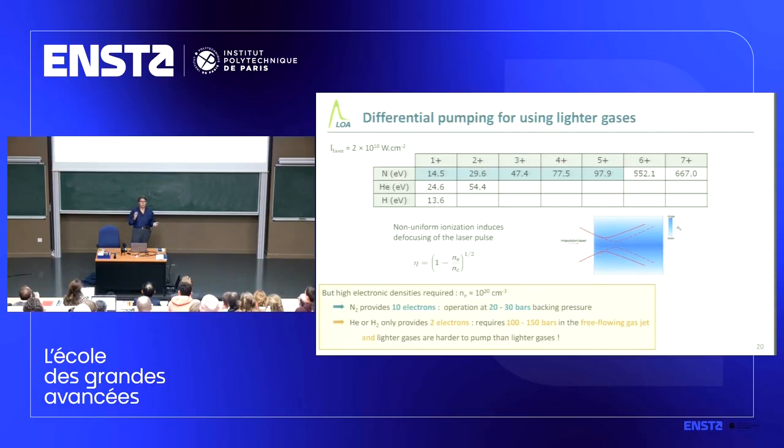And if we want to work with helium or hydrogen, those 2 molecules provide only 2 electrons per molecule, which means that if we want to reach the electronic densities required for experiments, we have to work with 100 to 150 bars of gas in our gas jet. So this is already a much more important amount of gas which is sent into the experimental chamber. And also, lighter gases are harder to pump than heavy gases. So it's harder to pump helium and hydrogen than to pump nitrogen.